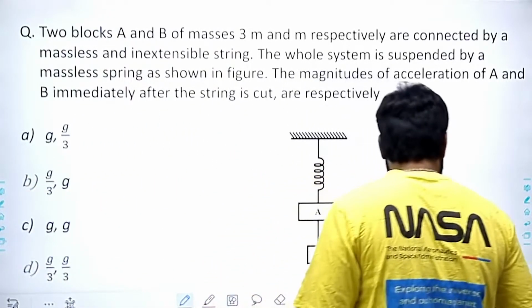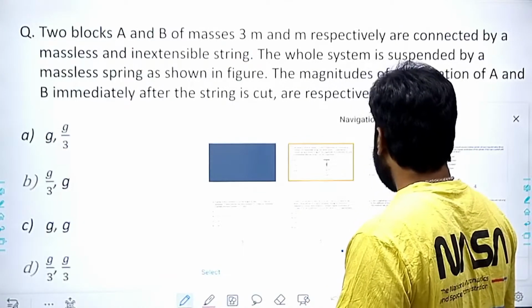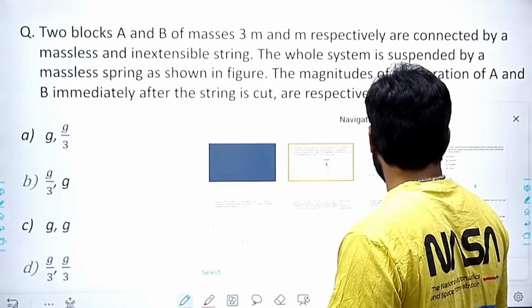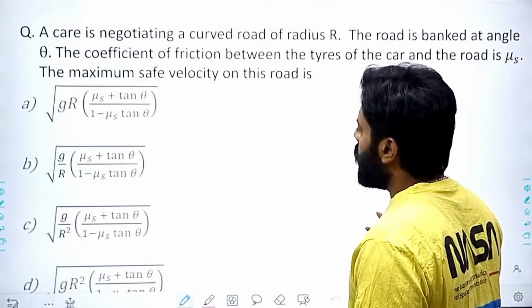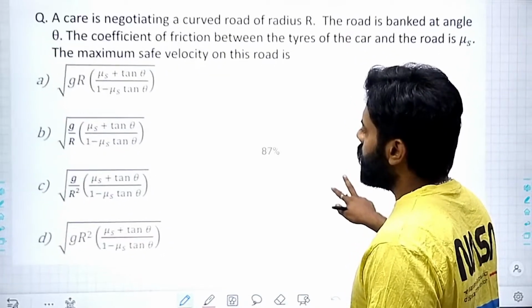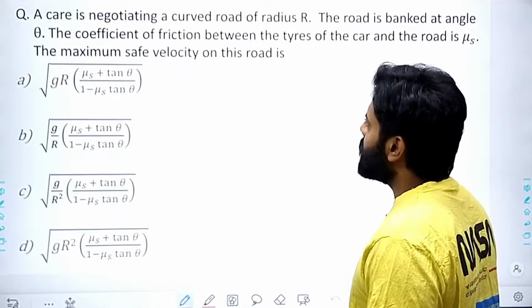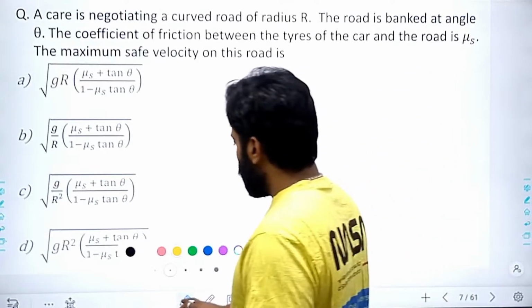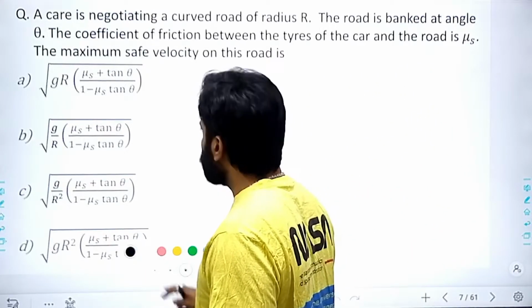Yes, we are ready. Let's move and solve some other questions. Here we are. This is my best question. I believe that this question is very good.